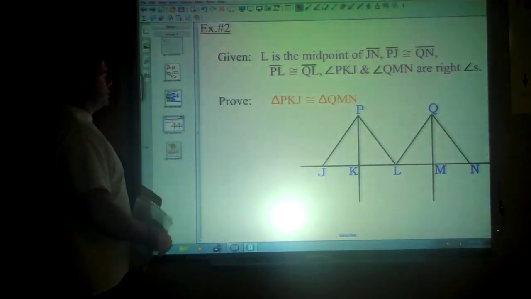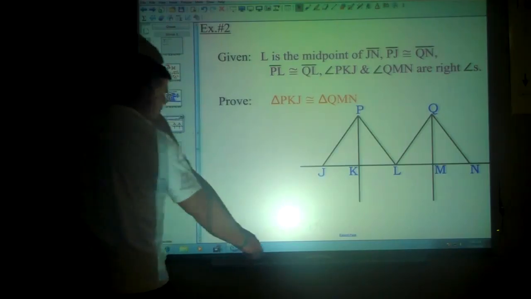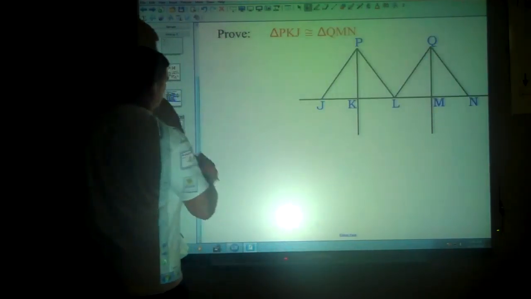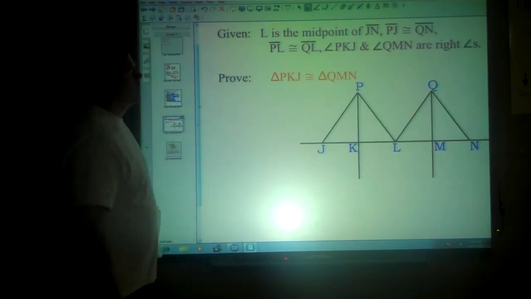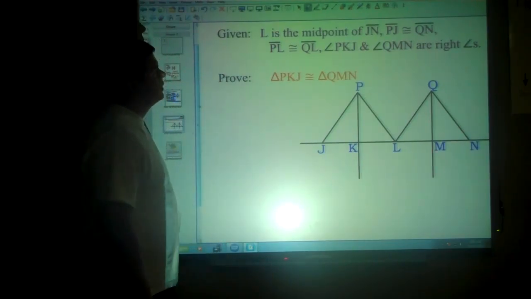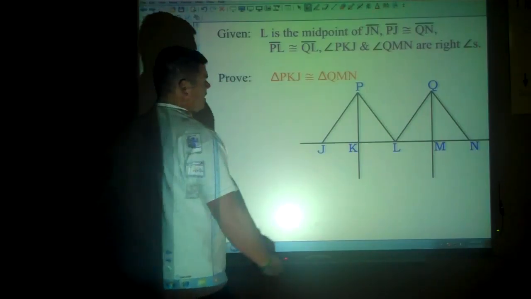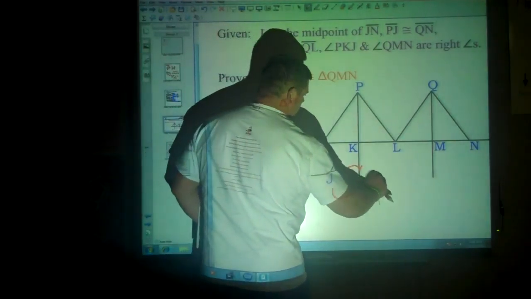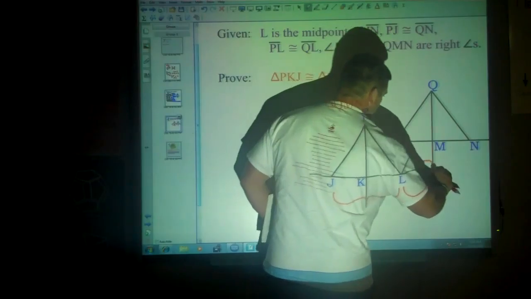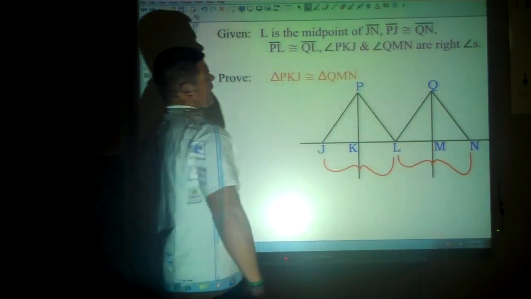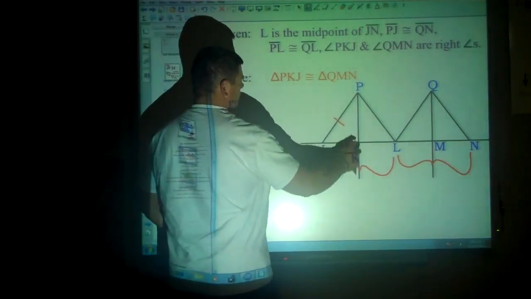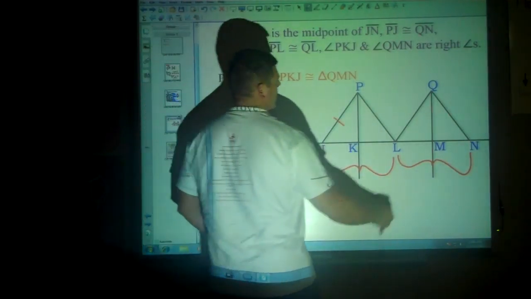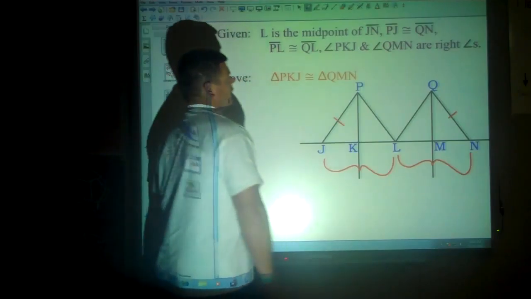One more proof. We're now trying to prove, according to this situation, L is the midpoint of JN, and if it's in the middle of JN, that means that this entire distance here is exactly the same as there. And we have PJ, which is here, is exactly the same as QN, which is right there.